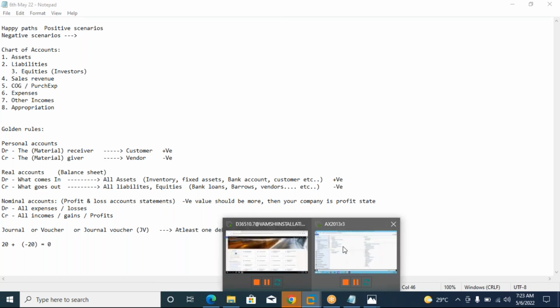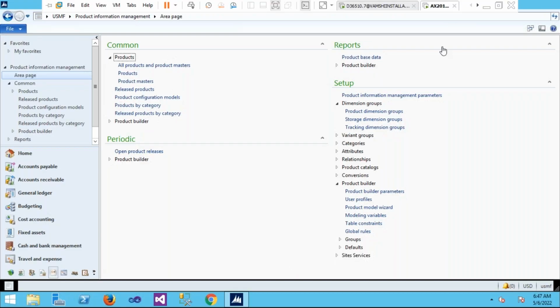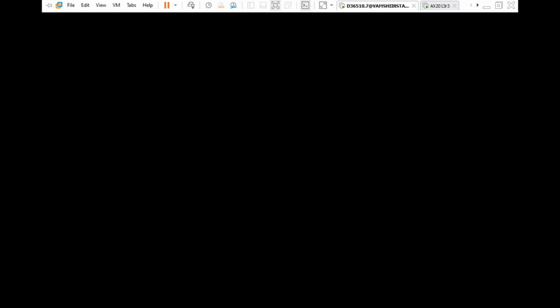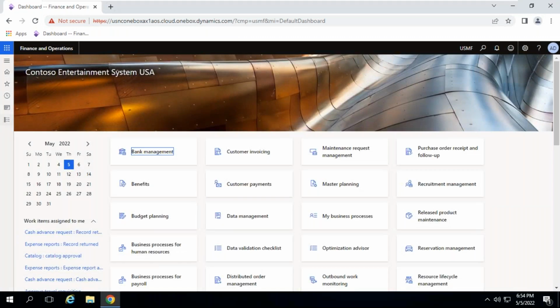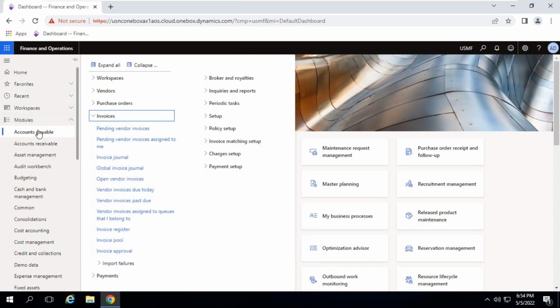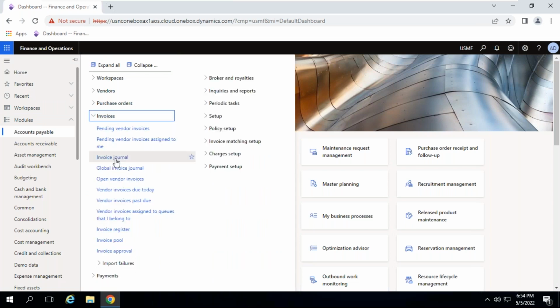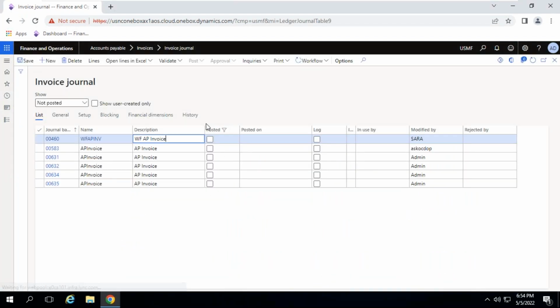So whenever we are doing an invoice journal, now this is AX 2012 R3. Now let me go to D365. Accounts payable, collapse all, invoices, invoice journal.